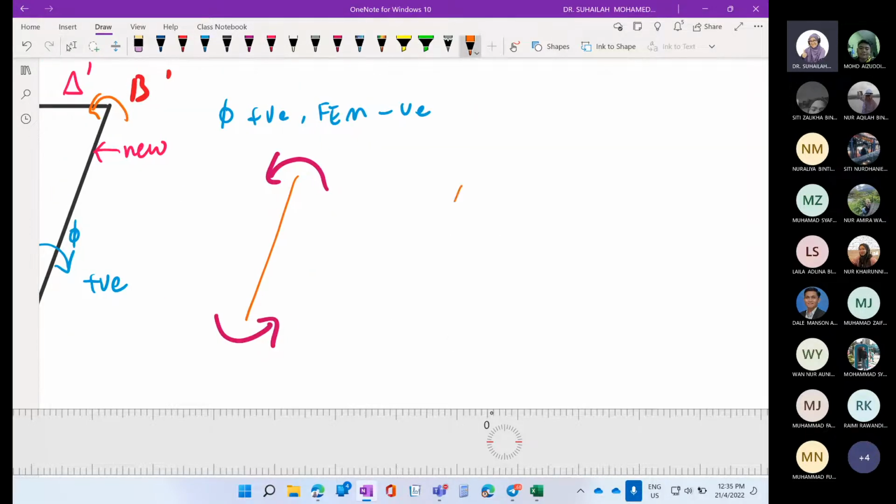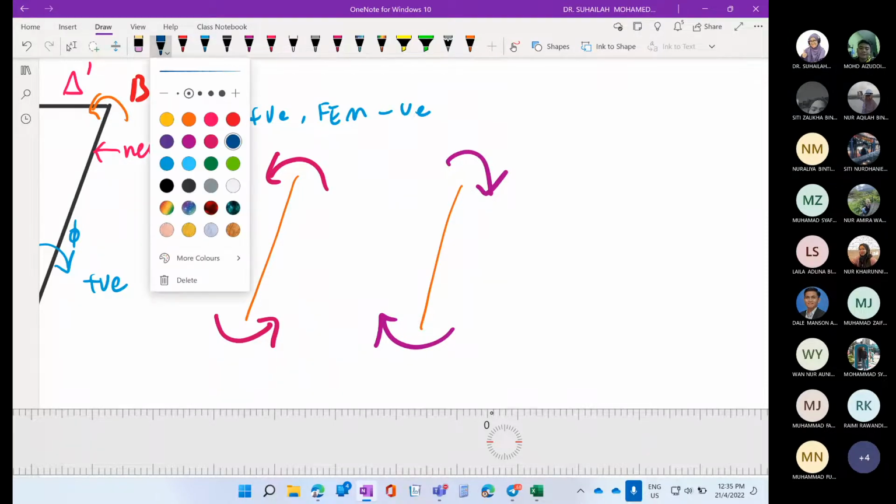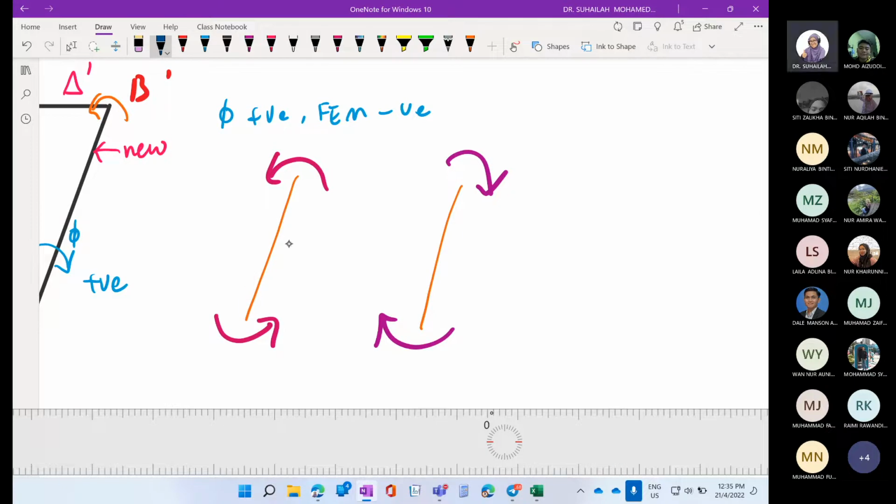Because if this column after Sidesway, if we apply the wrong sign, if we apply moment, this one is negative FEM. This is negative FEM. This is positive FEM.